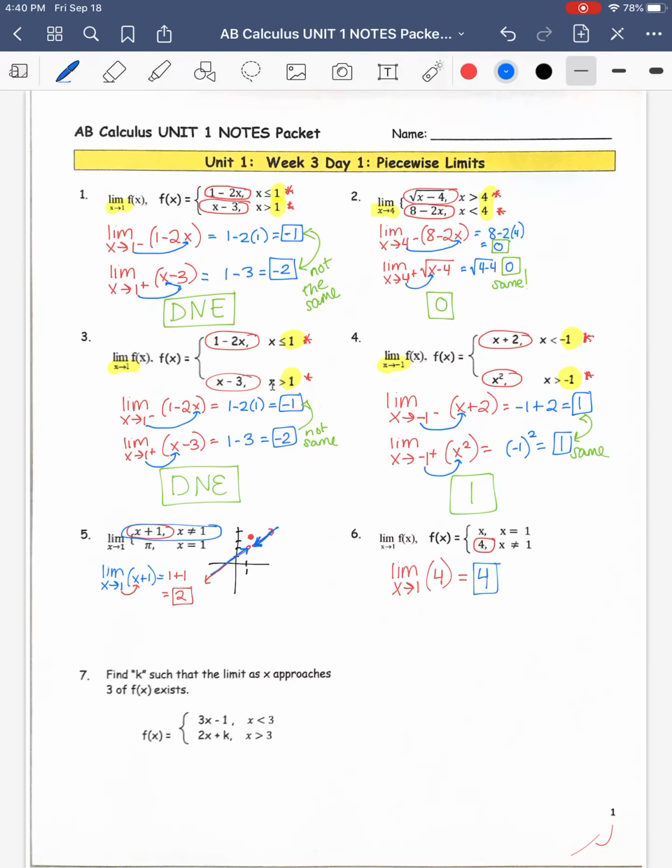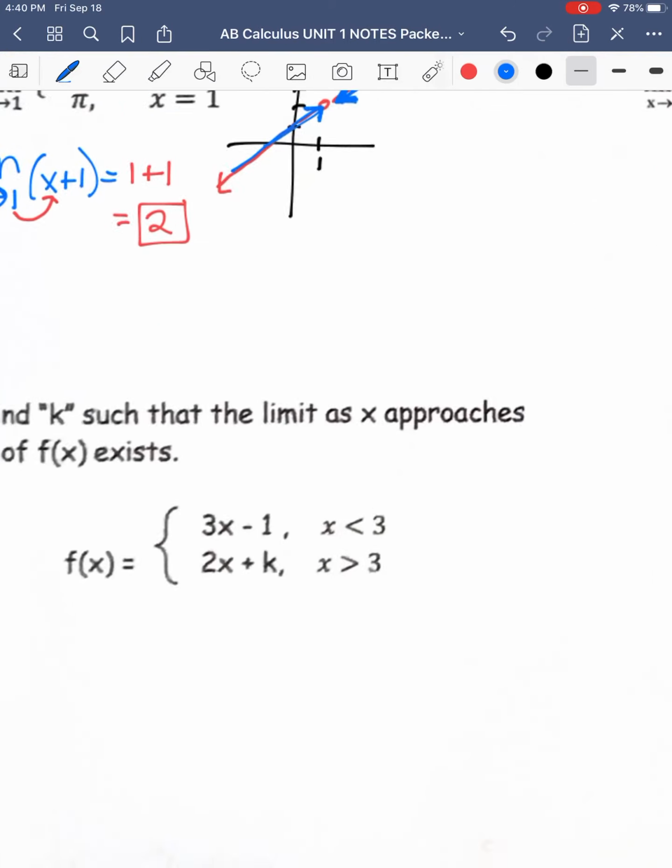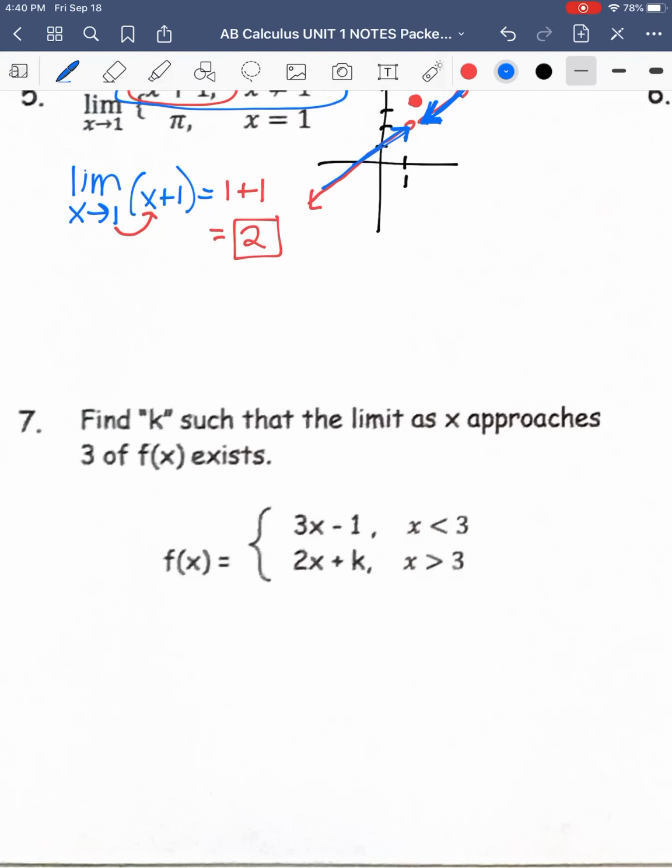Okay. Last up, number 7 says find k such that the limit as x approaches 3 of f of x exists. Okay. So we have to figure out what k is, and we need for the limit to exist. Well, remember, for a limit to exist, the limit as x approaches 3 from the left must be equal to the limit as x approaches 3 from the right.